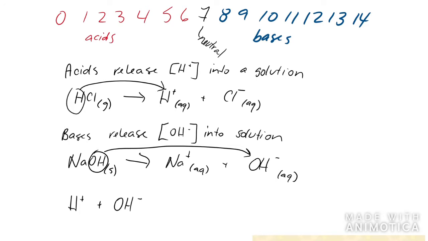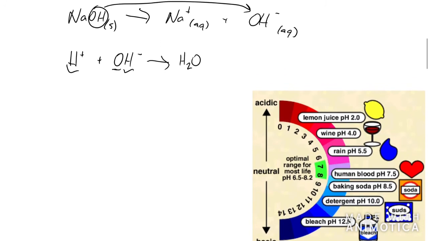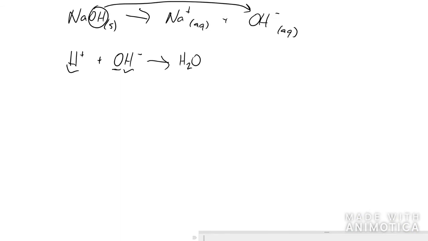So if we take an acid and add a base, this actually gives us water. We have our 2 hydrogens and our 1 oxygen, which makes it neutral.